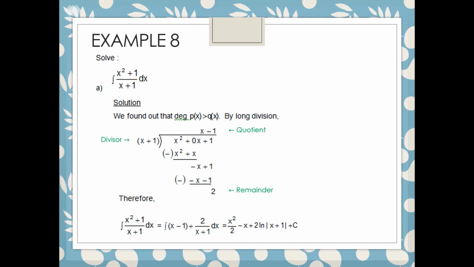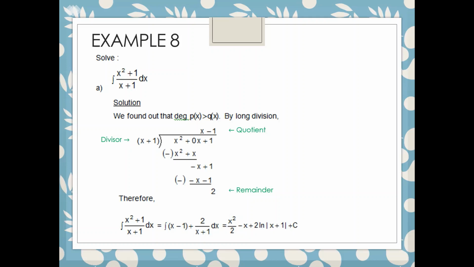Next, to obtain negative x from x, multiply x plus 1 with negative 1. You will get negative x minus 1. Negative x minus negative x is 0, and 1 minus negative 1 is 2. Here, 2 is the remainder.